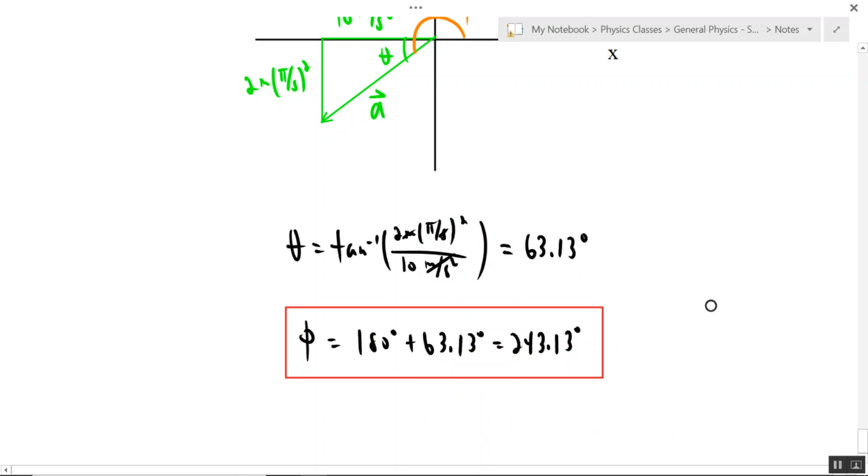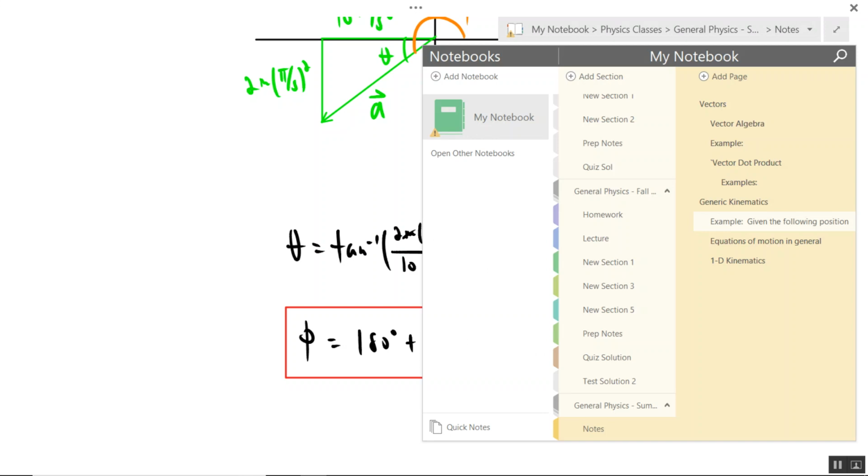All right. So does that make sense? So we've gone through position, displacement, average velocity, average acceleration, right? Does everyone understand how you do those things? Okay. So let's go back to the notes.